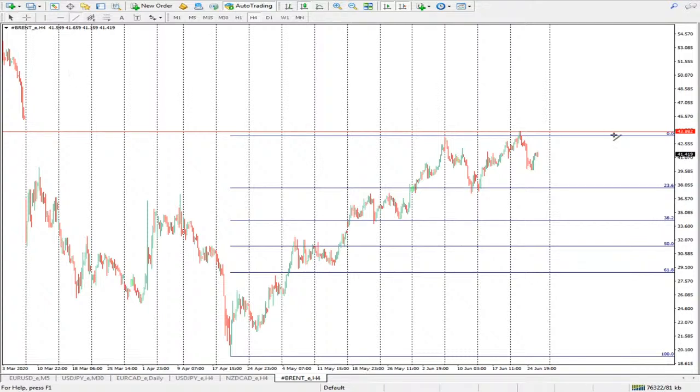So as it is now, expect a break, a pullback, and then a continuation. That is the correct place we want to buy from. After a break, a retracement, and then a continuation to the upper side.